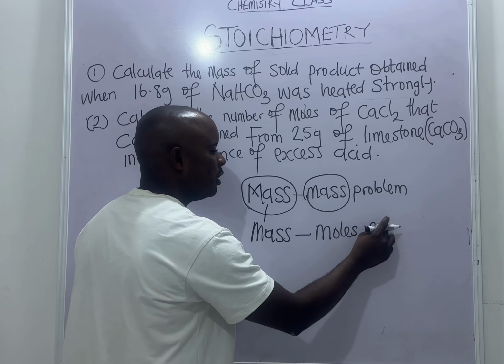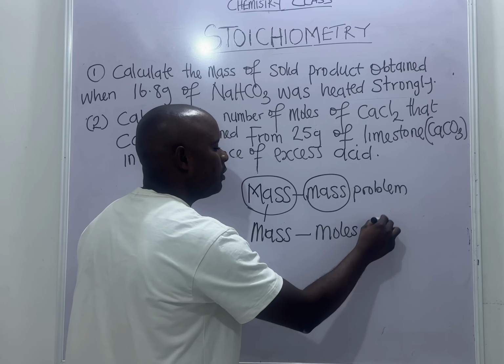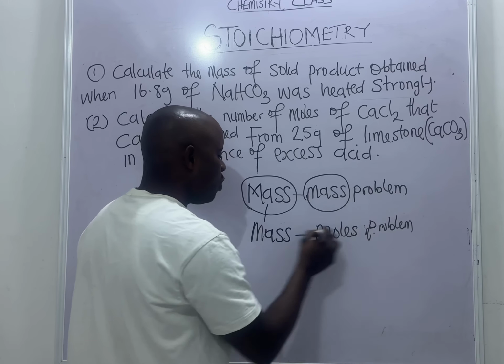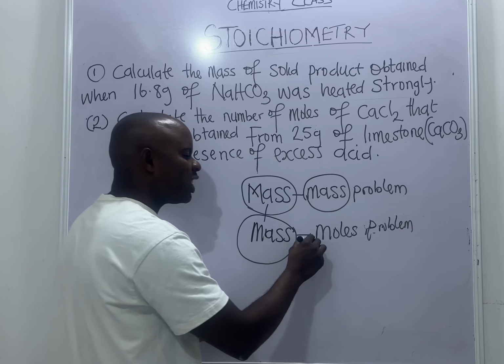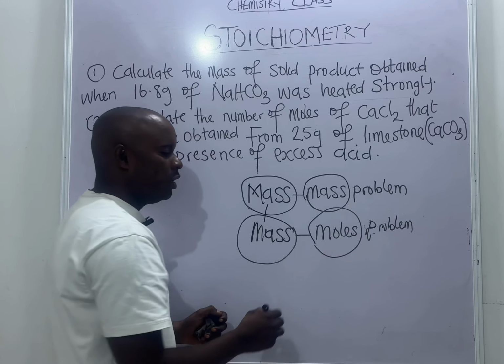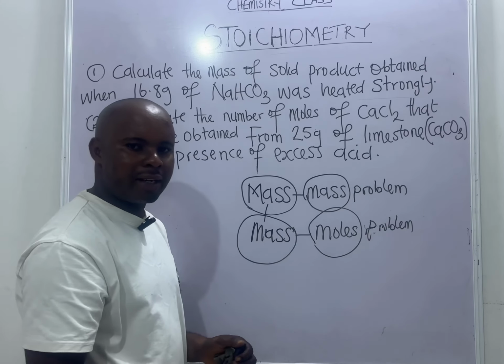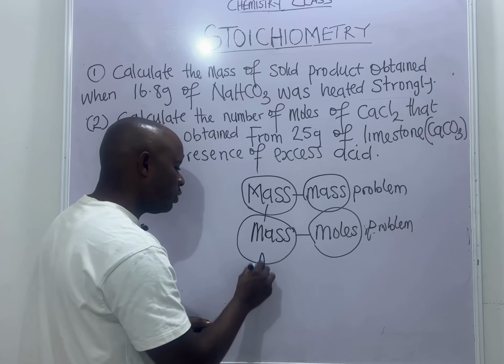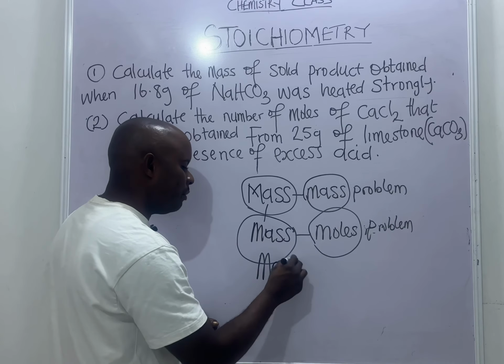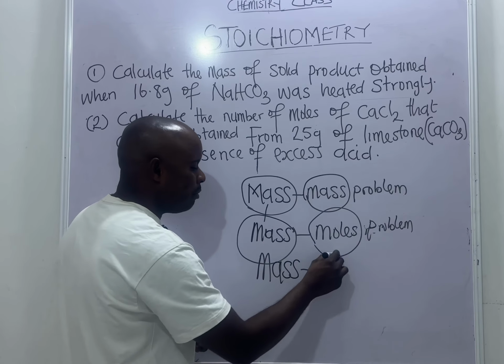One of the masses of these substances is given, and you are asked to look for the moles of the substances that reacted or that is produced at the end of the reaction. Then we have mass volume.